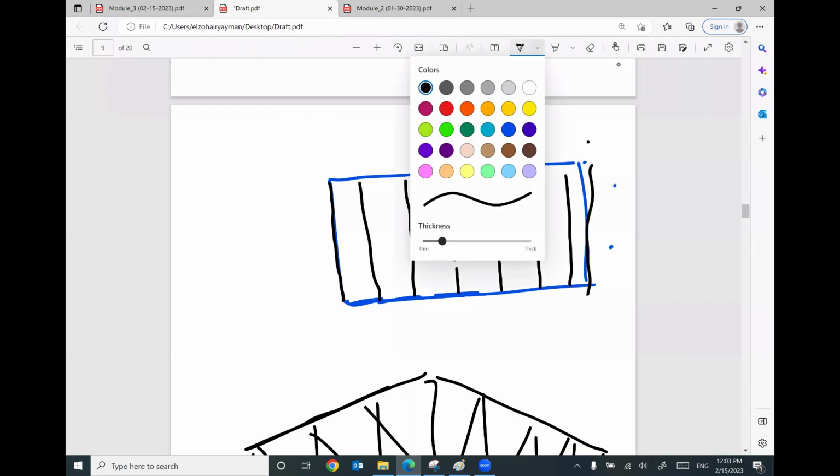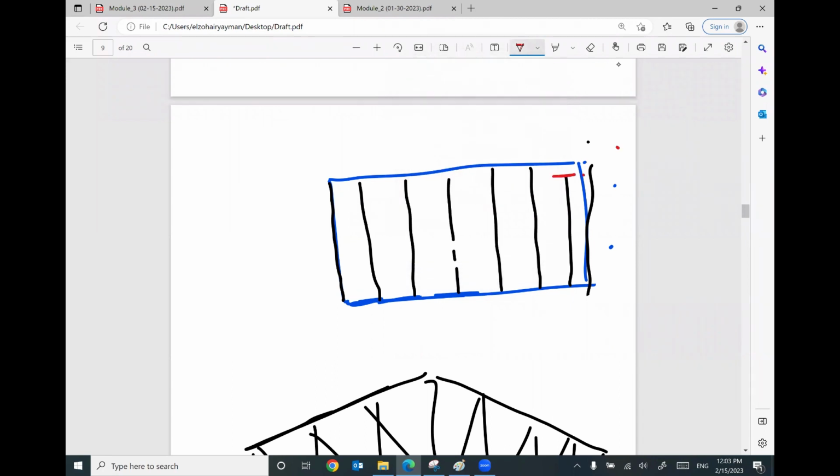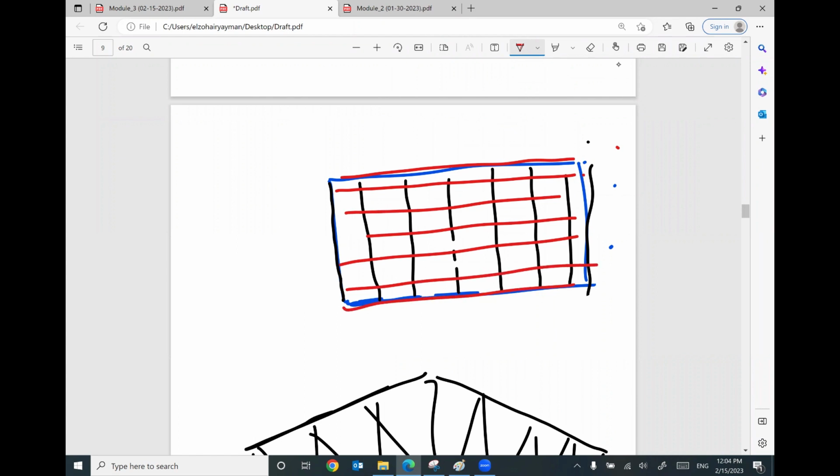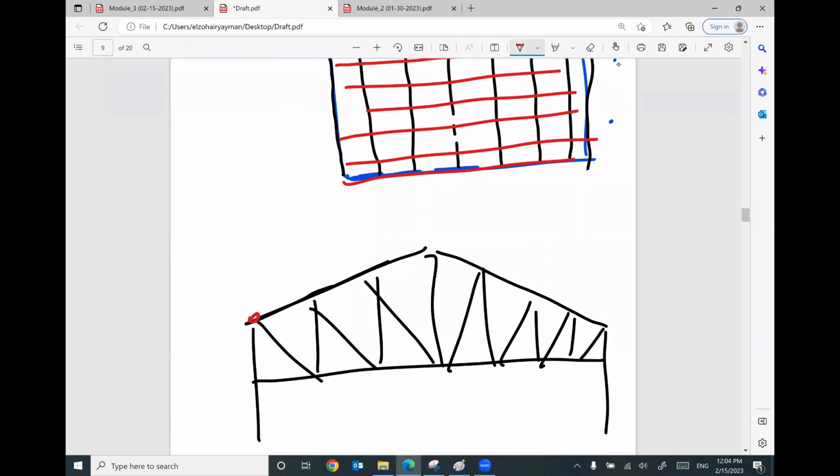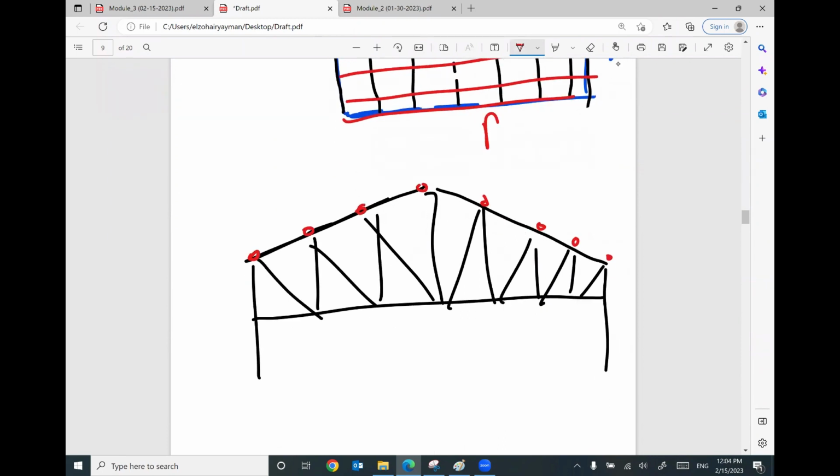And we have purlins in this way, and these purlins will be located at each joint of this truss. So far from this plan and your main system truss, we can figure out what is the distance S and what is the distance A and what is the distance A prime.